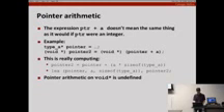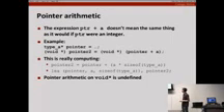Okay. So pointer arithmetic. This is something that we've seen before, but it's tricky, so we're going to go over it again. When you do pointer plus some value, it's not the same thing as if pointer is just an integer in general.